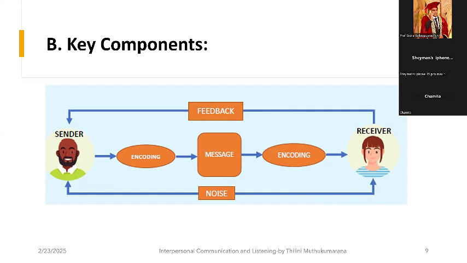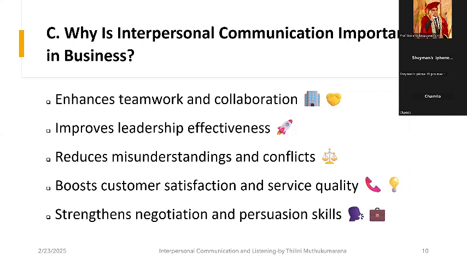So we are going to talk in detail about the types of noises, noises meaning the barriers. Now, actually, we need interpersonal communication because through communication you can improve teamwork and collaboration.